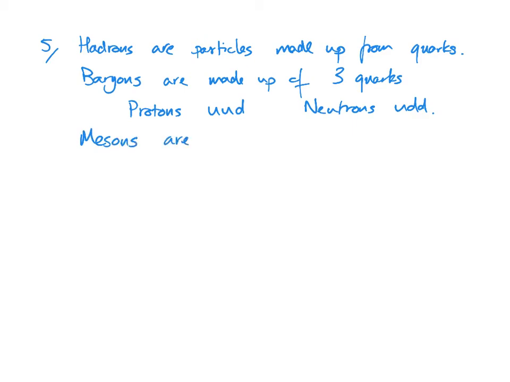Mesons are made up of 1 quark and 1 antiquark. Now, I don't think there are any examples there that you need to know.